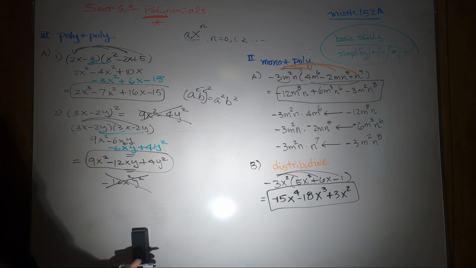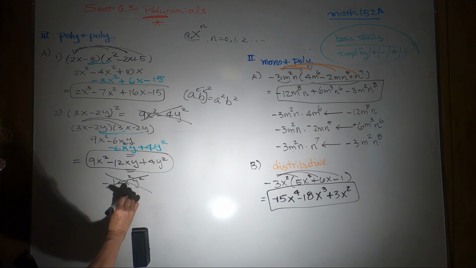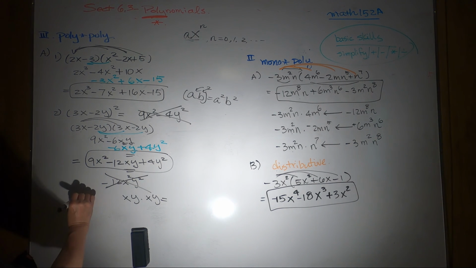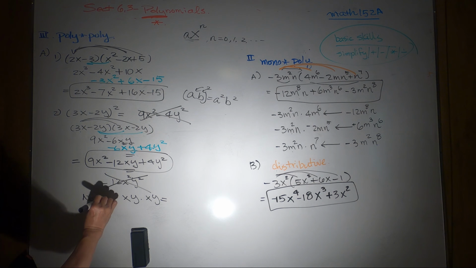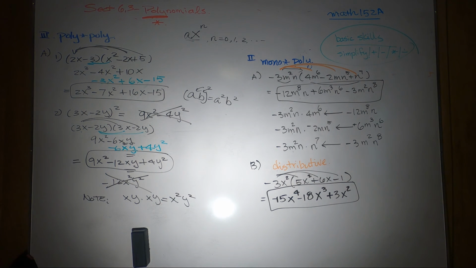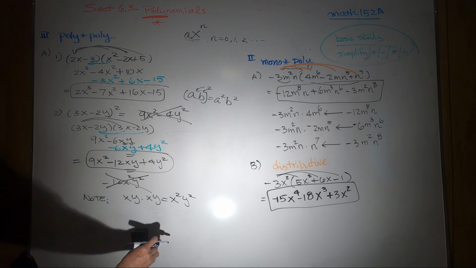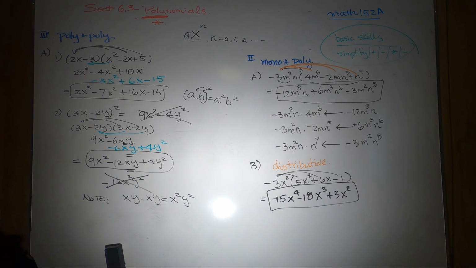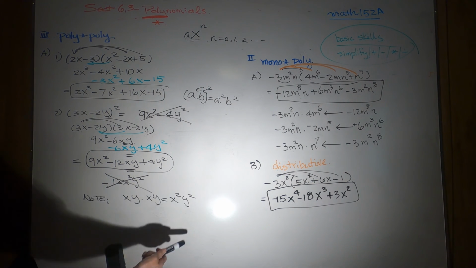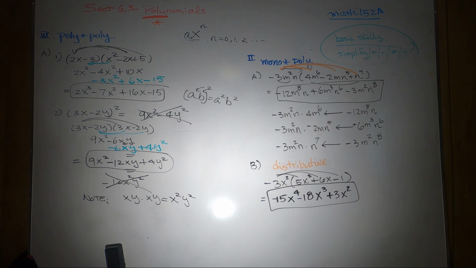Remember, don't do that. We are not multiplying. If xy times xy, what would it be? x squared, y squared, right? When you multiply them, you do the shorthand writing, count how many x's and y's and show it in exponential style, right?